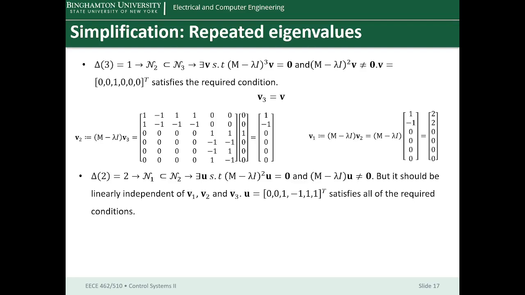It lies in the null space of the second power, and it's not in the null space of the first power. Let's call this vector u2, since it's the top vector in the Jordan chain of length 2. To build the rest of the chain, we compute u1 as M minus lambda I times u2. This gives us the lower vector in the chain.